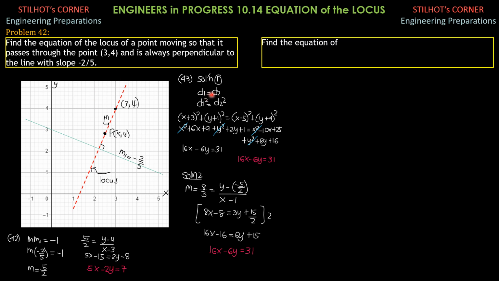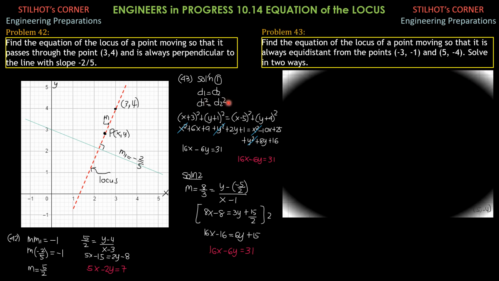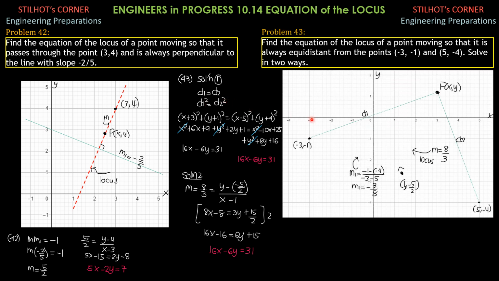Finally, problem 43: find the equation of the locus of a point moving so that it is always equidistant from the points negative 3, negative 1, and 5, negative 4, solved in two ways. So I'll present two solutions here. Problem 43. So let's have this moving point, and these are the given fixed points, negative 3, negative 1, and 5, negative 4.